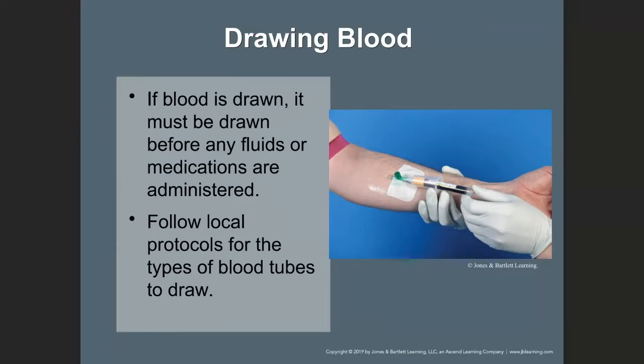Follow local protocols for the types of blood tubes to draw, and each facility has its own order and colors. Right? You have red blood gives life, red, blue, green, lavender.